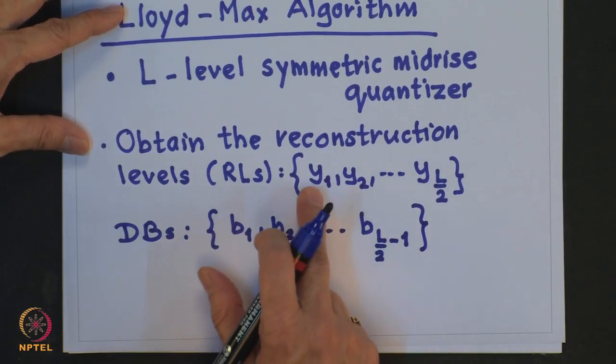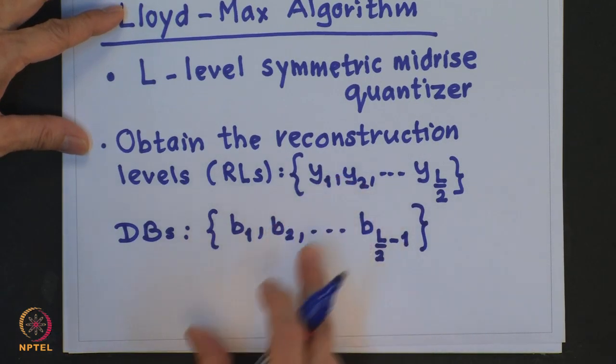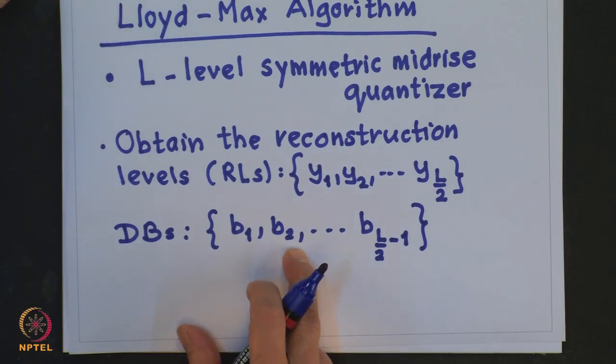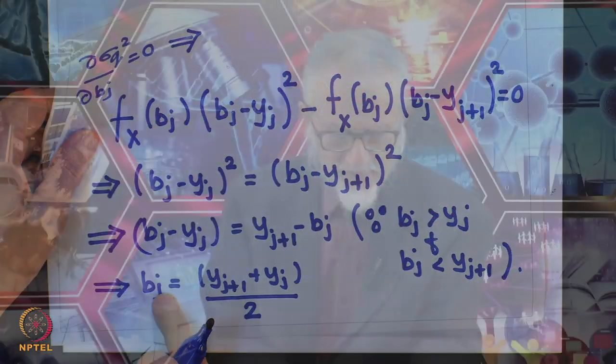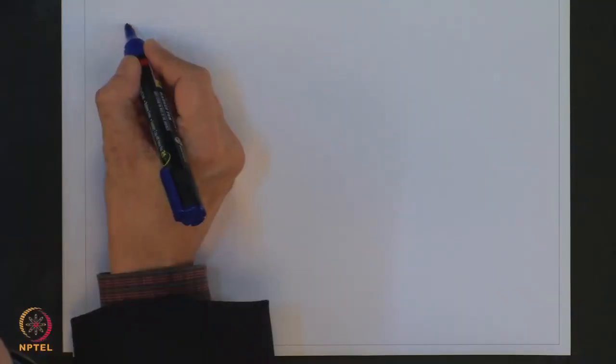And the reconstruction levels and the decision boundaries for the negative part will be obtained via symmetry. Okay.